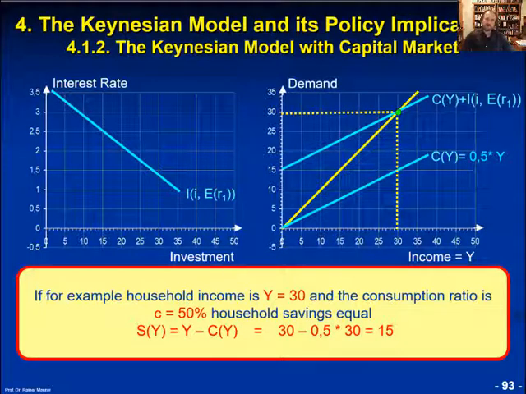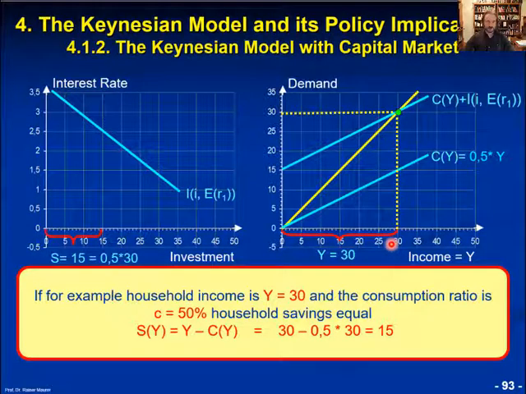So, if the equilibrium level of GDP equals 30 units, as in this goods market equilibrium here, then household savings equal 50% times 30, which is equal to 15 units.